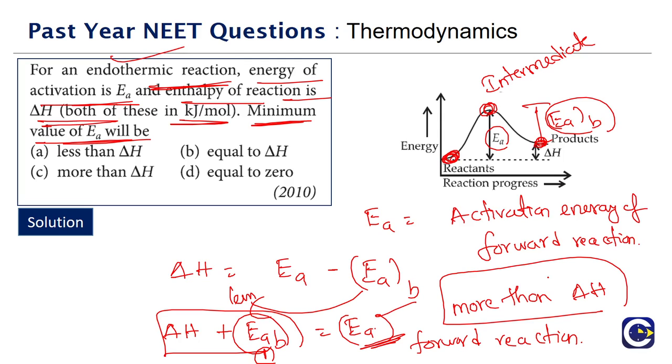You are adding some value. That is the reason the minimum value of the activation energy will always be more than the delta H value.